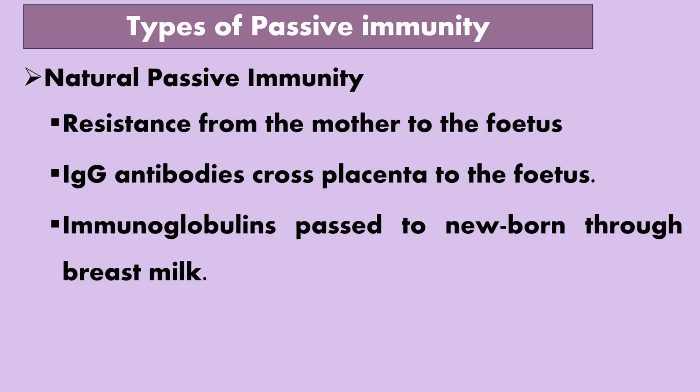Human colostrum, which is called mother's first milk, is very rich in IgA antibody. Mother's milk contains antibody which protects the infant properly up to the age of 3 months.